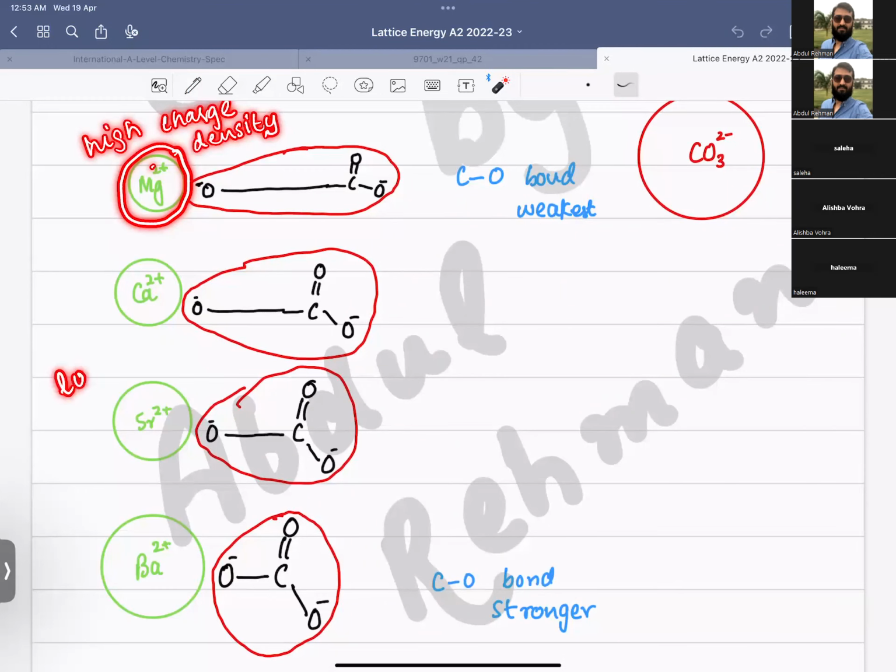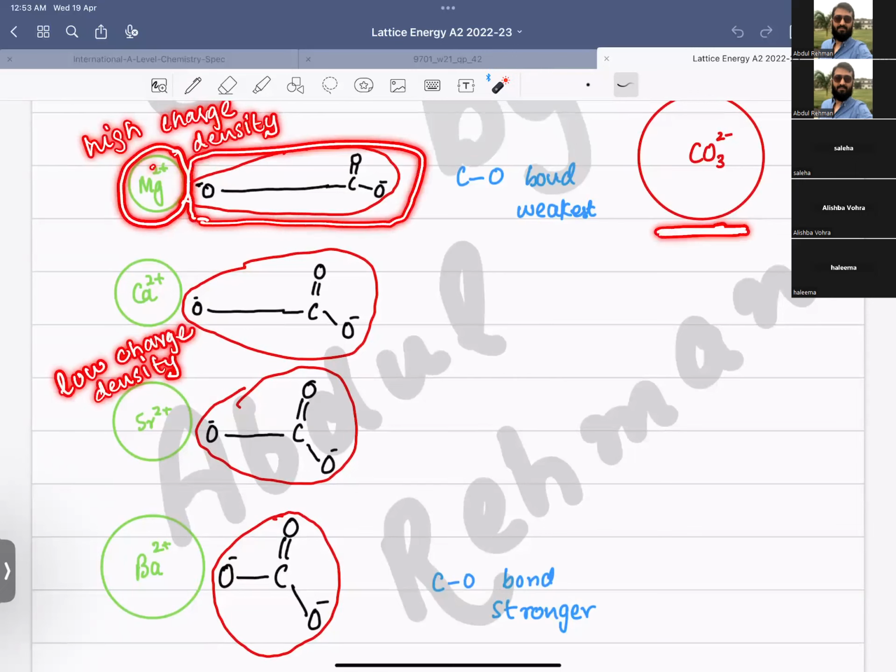And here its charge density is relatively lower. So the magnesium ion attracts the carbonate ion with a stronger force. As a result, see what happens to the shape of the carbonate ion. It gets distorted and this bond length increases, and as this bond length increases, this bond gets weaker. So it would be very easy to break this bond at a lower temperature, and as a result we would get magnesium oxide and carbon dioxide gas. Is this understandable?